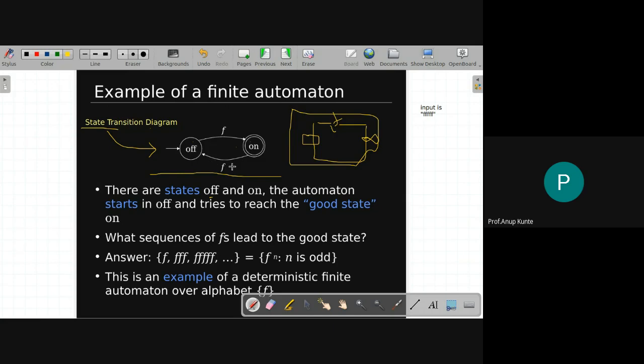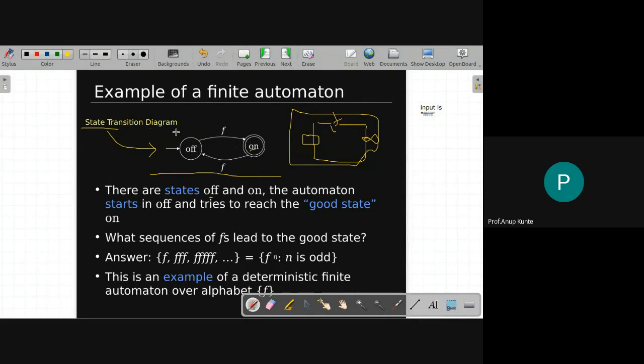And the F on the bottom arrow indicates the input that the system receives when the system is in on state. Okay, so have you understood what is going on here? We are trying to capture, in an abstract representation called a state transition diagram, which is a graph, the operations of this particular system.